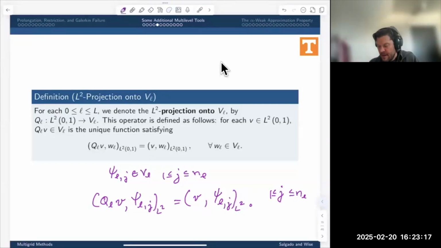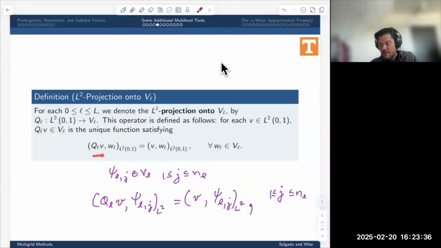If it's true for all functions, then it's true for every one of the basis functions, kind of trivially. Now, it just so happens that it's not hard to show that if it's true for all basis functions, then using linearity, I can show that it has to be true for any WL whatsoever. So these two are equivalent.